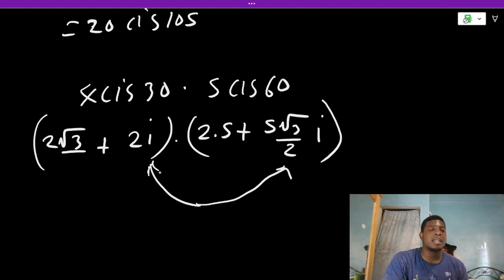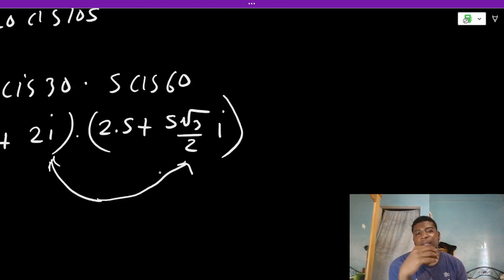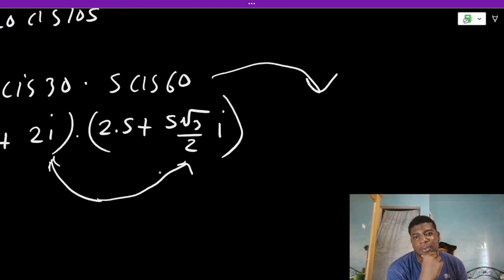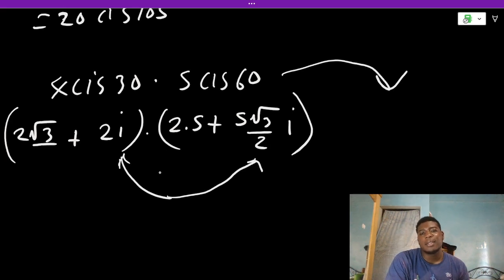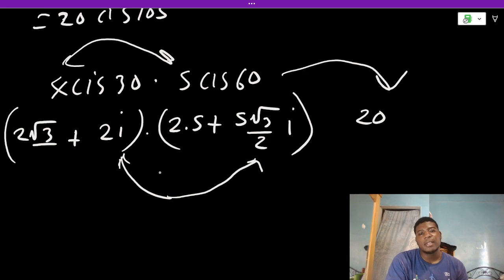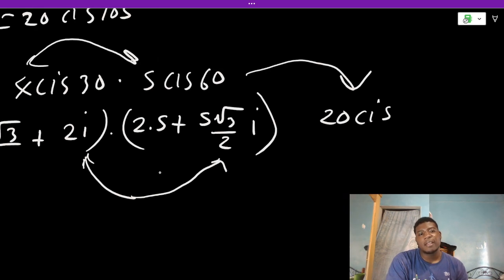But in the polar form, my friends, all you have to do is just multiply these two bad boys here. This 20. And you get yourself CIS 90. You see that? Is that powerful? And then you know yourself, well, cos 90 is 0.